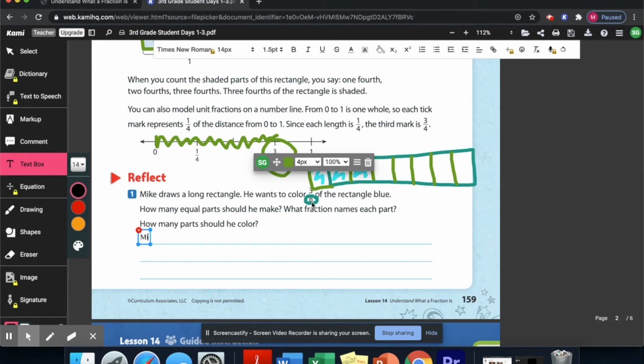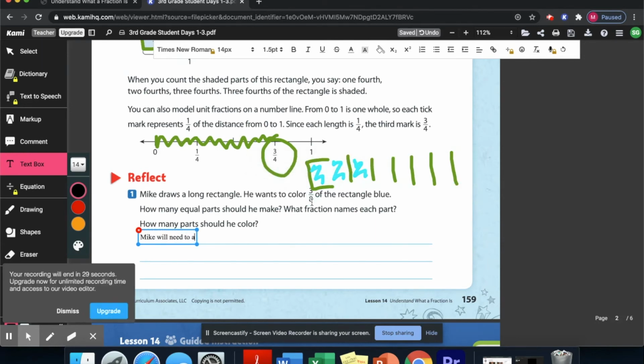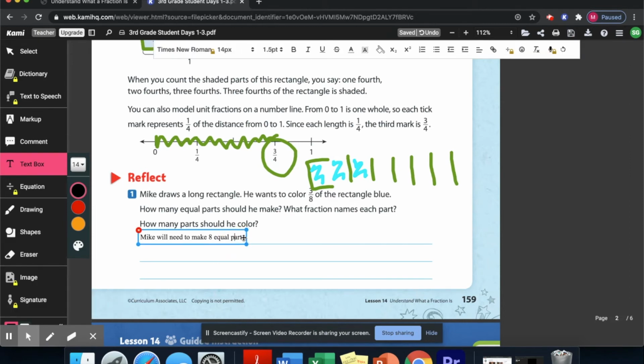So you're going to put Mike will need to make 8 equal parts. And if you're not sure how to spell something, I can tell you that it's going to be in the question. So always look back at the question. So equal parts, that's right there if you're unsure how to spell equal.